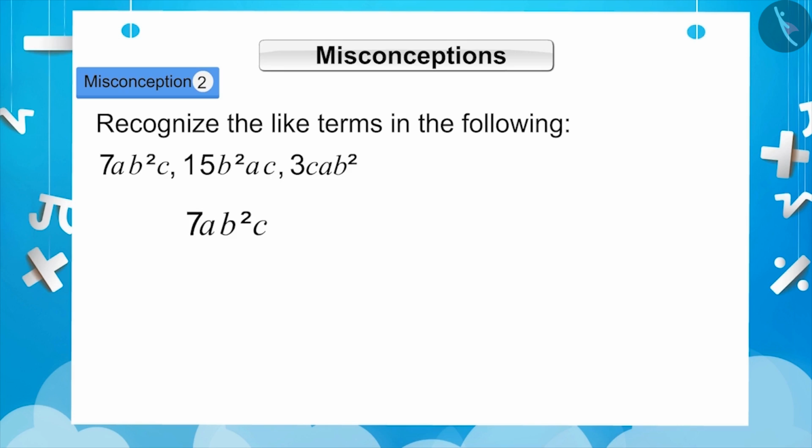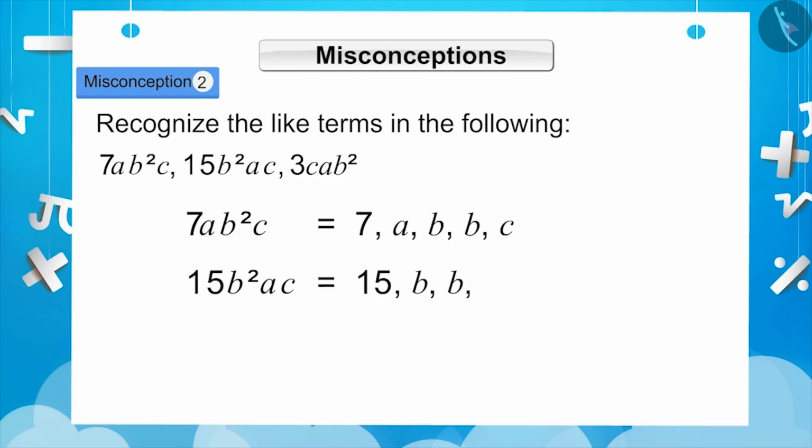In the given terms, the factors of 7ab to the power 2c are 7, a, b, b, c. And the factors of 15b to the power 2ac are 15, b, b, a, c. And the factors of 3cab to the power 2 are 3, c, a, b, b.